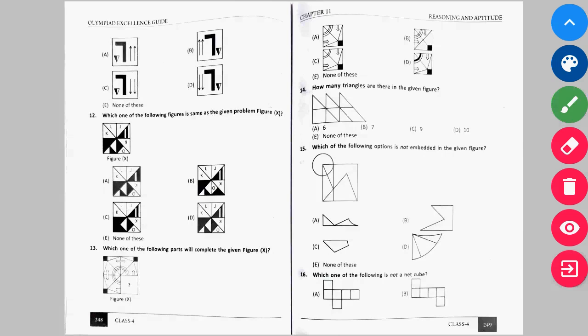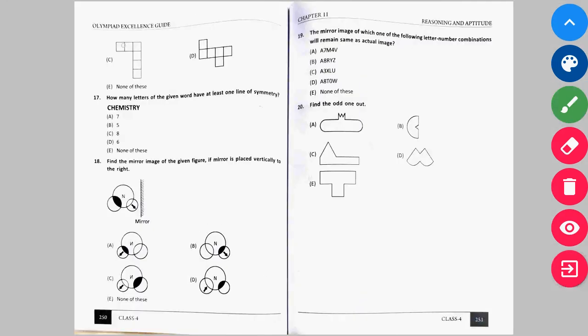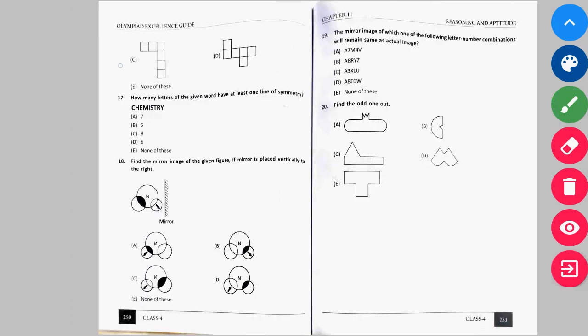So see, we can overlap this portion, this square on this, and this square on this side, and this like this. So it becomes a net cube. We can overlap this also, but we cannot overlap this C. So your answer is C.